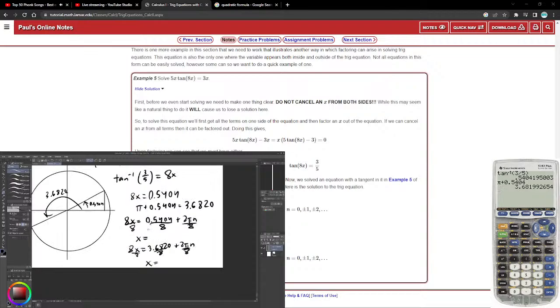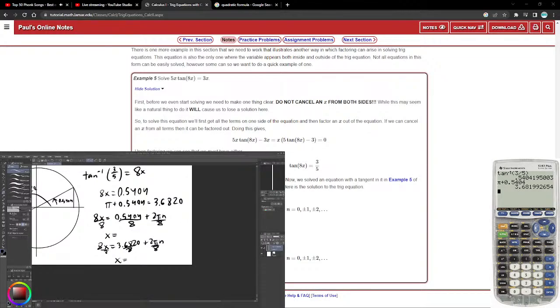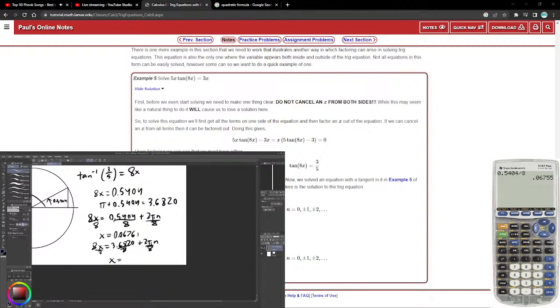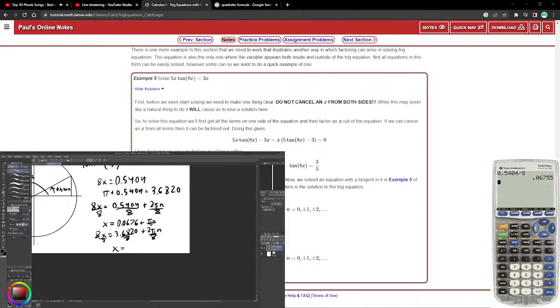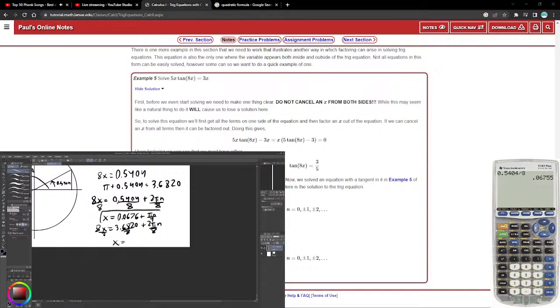X equals, there, barely fit it, 0.5404 divided by 8, so 0.0676 plus pi n over 4. That's the first one.